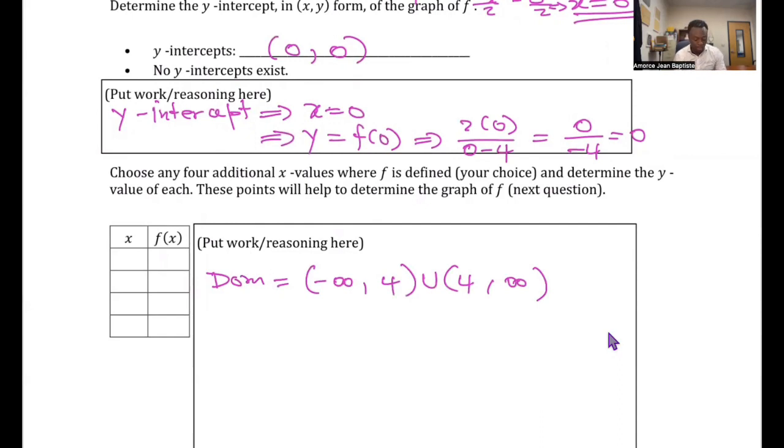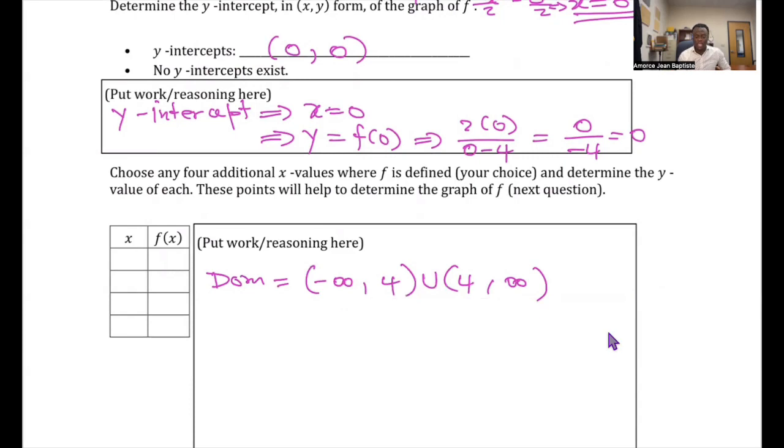I need to get some values from each piece of the domain so I can clearly see the pattern of the function over the domain. So that's why I'm going to look for some values here and some values here.